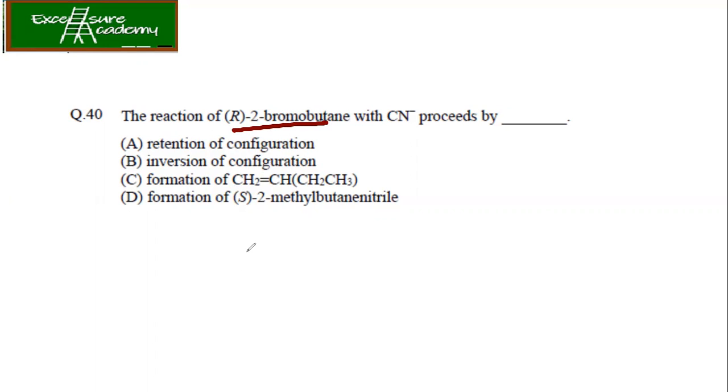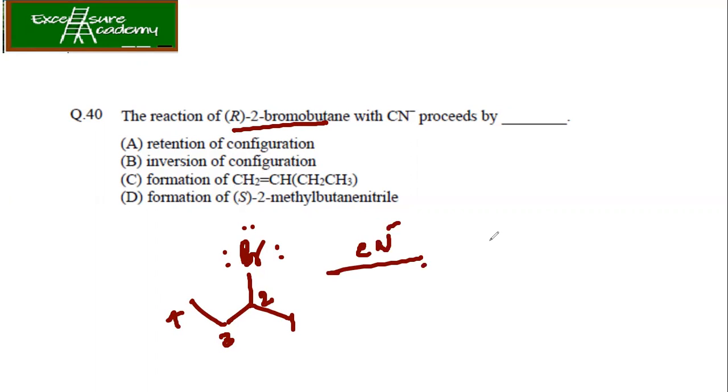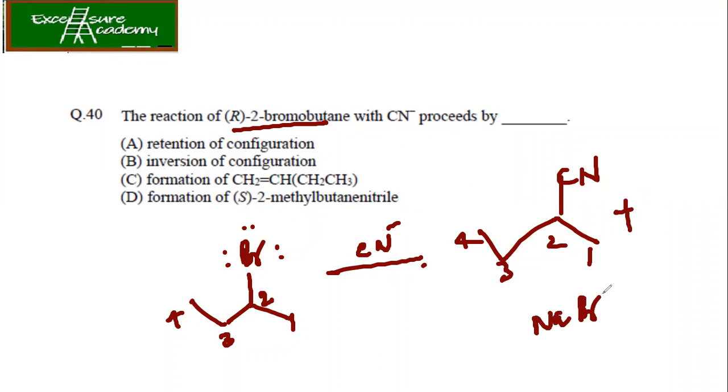That can be written as Br on the carbon, this is 1, 2, this is 3, and this is the 4th carbon. Now when you have CN minus, you are going to get 4, 3, 2, 1 with CN over here, and you get NaBr. So Na plus Br minus you're going to get.